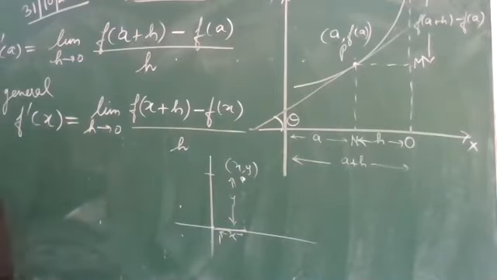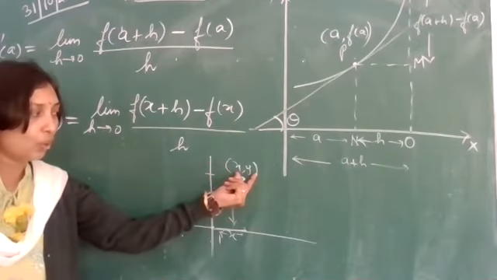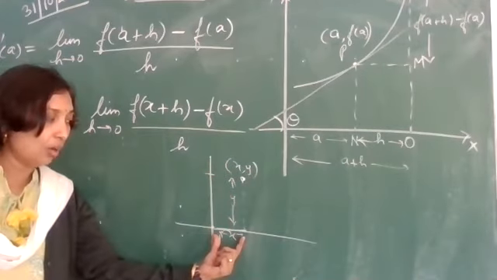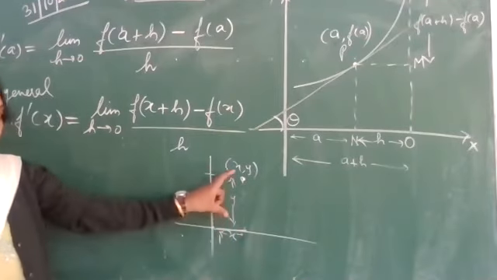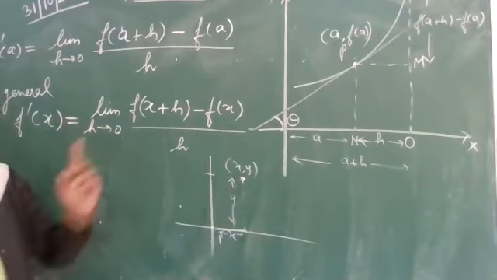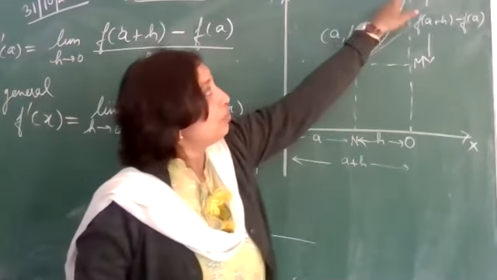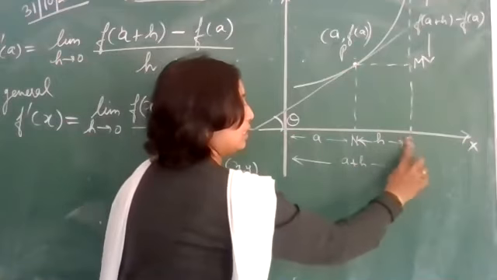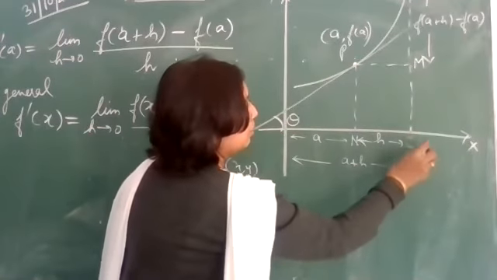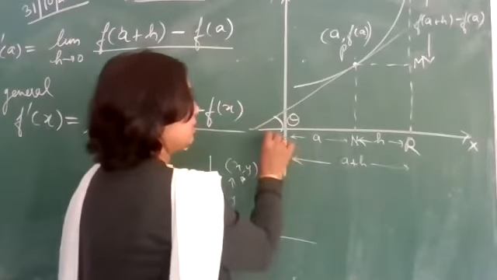Is this clear? If the point has the coordinates x, y, the perpendicular distance on the x-axis is x, and this one is y. Similarly, we have this. Let's take this point as R.